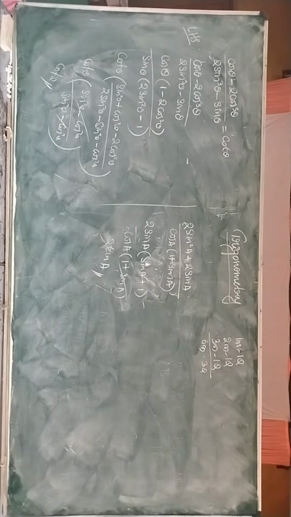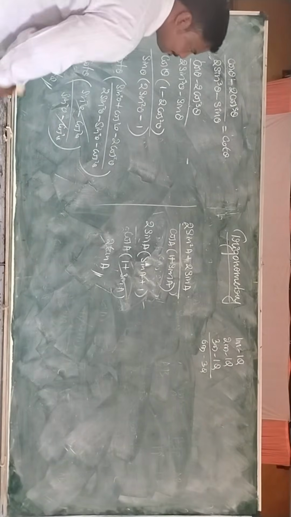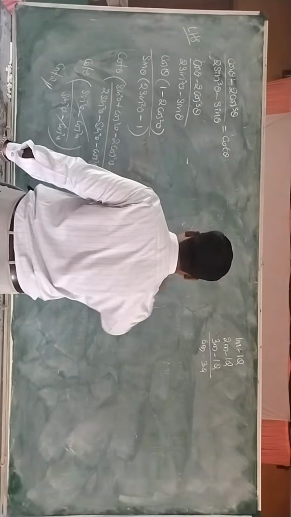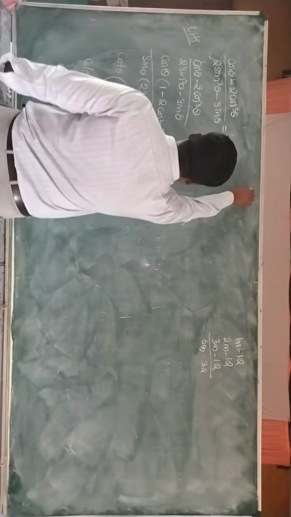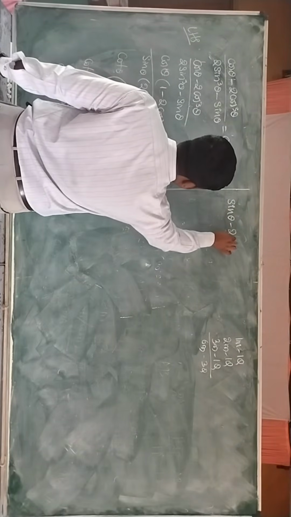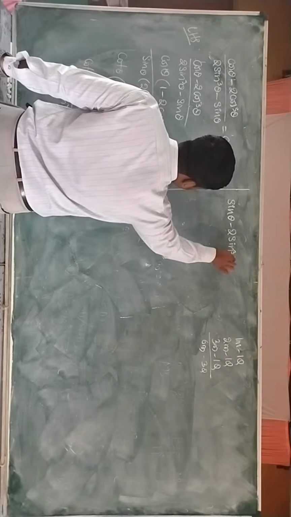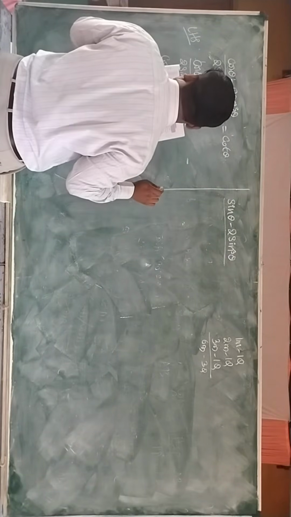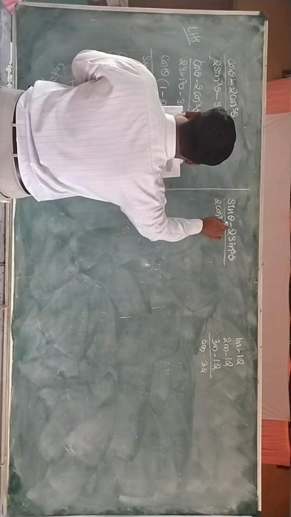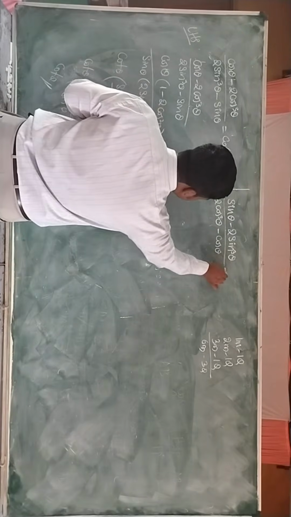Next question. Do that. Sin theta minus 2 sin cube theta divided by 2 cos cube theta minus cos theta is equal to tan theta.